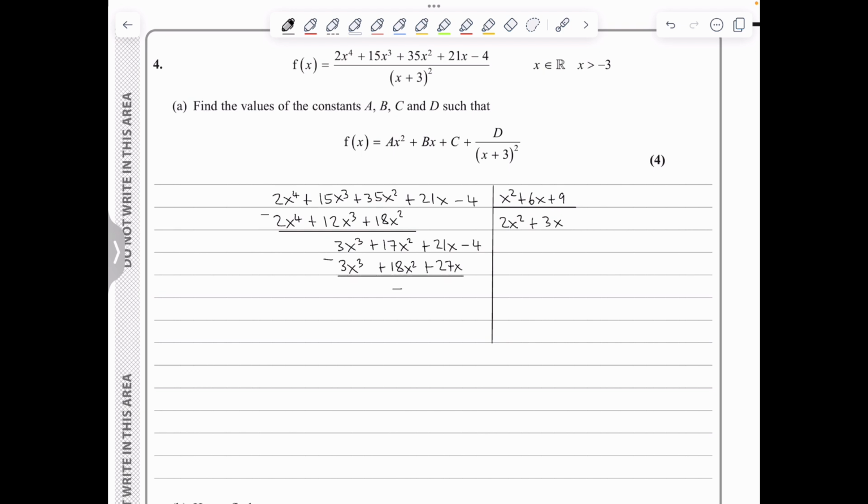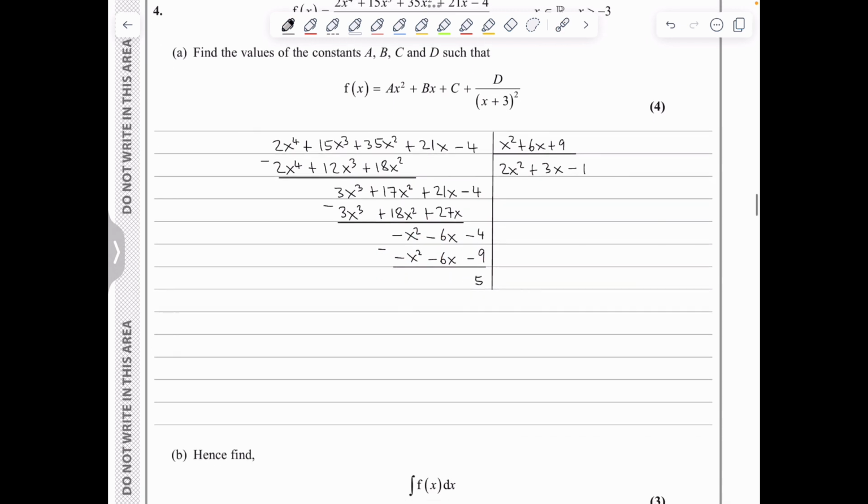This leads to negative x squared minus 6x minus 4. So I need a minus 1 here to give me minus x squared minus 6x minus 9. I put the negative sign. I can see that the negative x squared term will cancel out. The negative 6x will also cancel out. And the negative 4 minus the negative 9 will give me overall a 5.